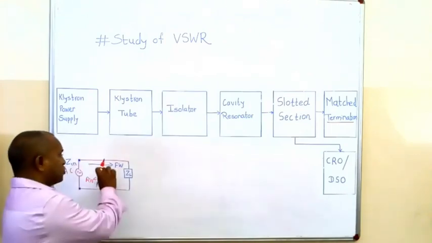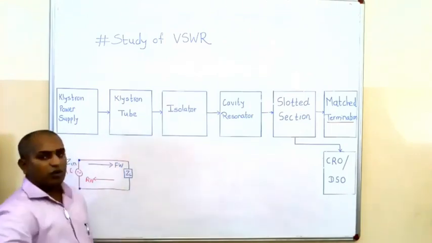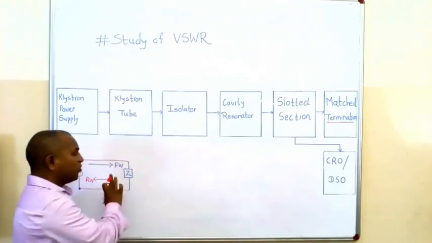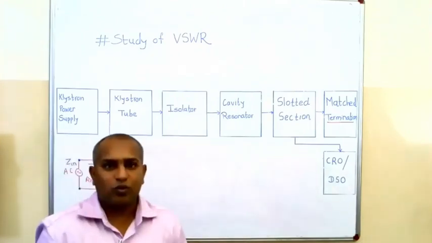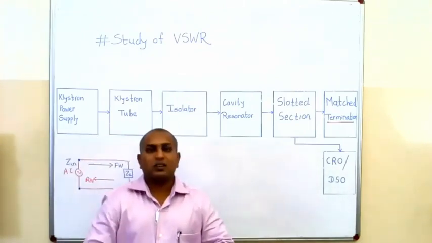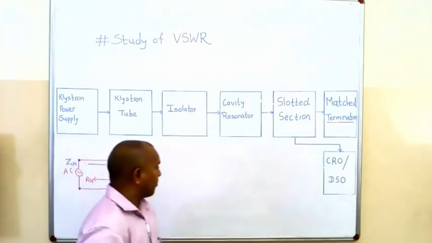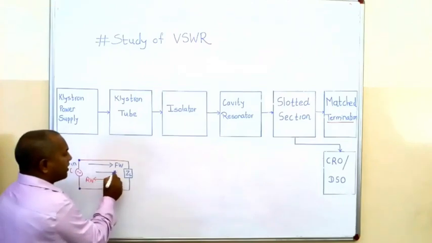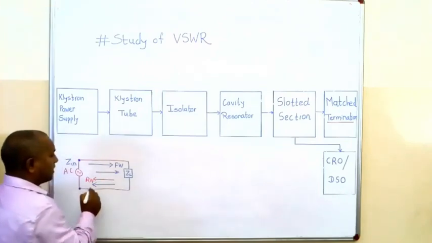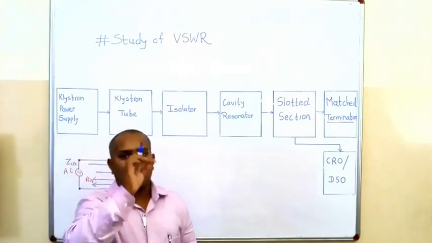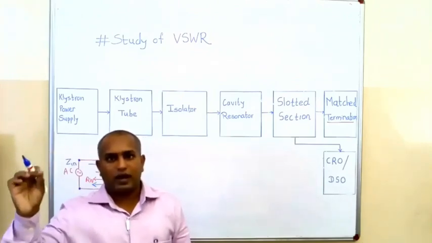When two waves are present inside the waveguide, these two waves create a new wave, and that wave is known as a standing wave. That standing wave does not propagate in a forward or backward direction. It just goes up and down, up and down.